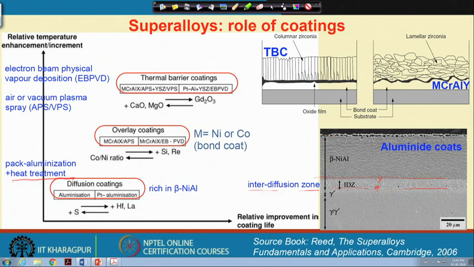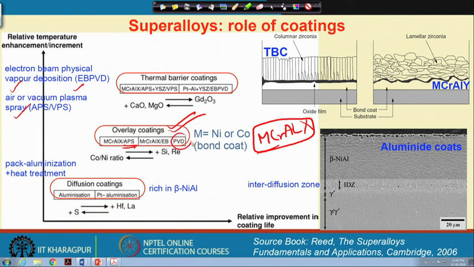Now, the second type of coating is the overlay coating that we mentioned earlier, that is MCrAlX, M, chromium, aluminum and X. So, this is basically the basic composition of this overlay coating. We basically put such coating by APS. APS means air plasma spray, or let us say physical vapor deposition technique.